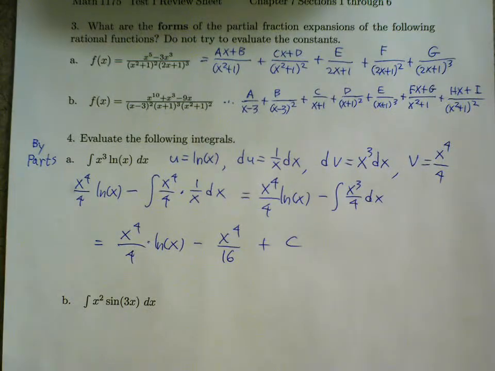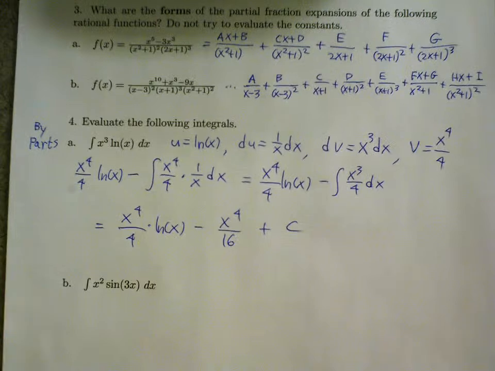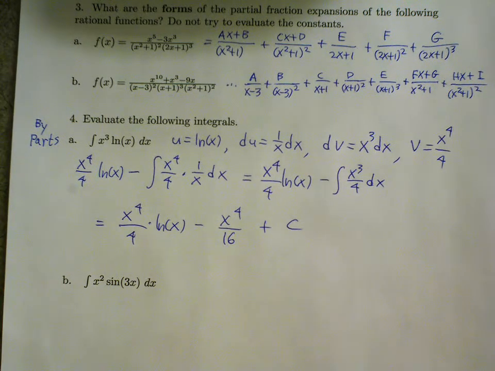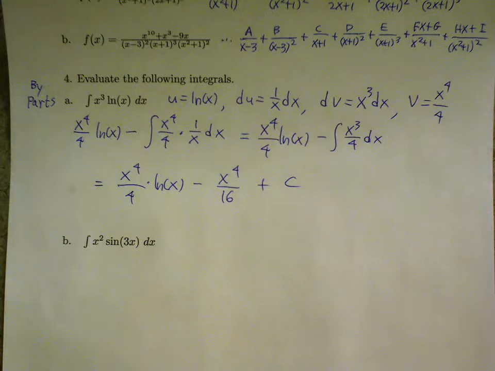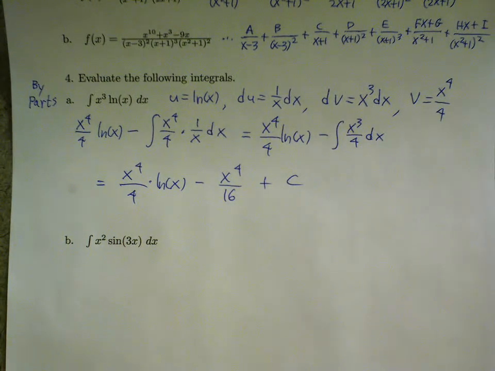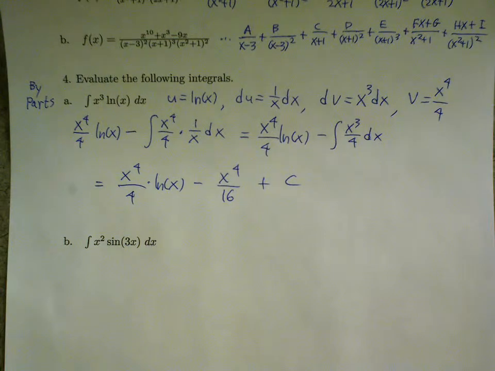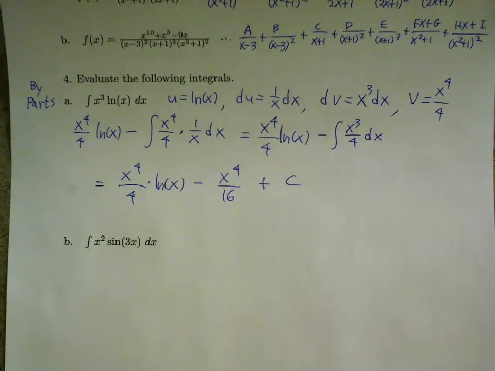Okay, part B, the indefinite integral of x to the second times sine of 3x. Hey, what method do you want to apply on this one? Yeah, integration by parts looks like the best thing to do.